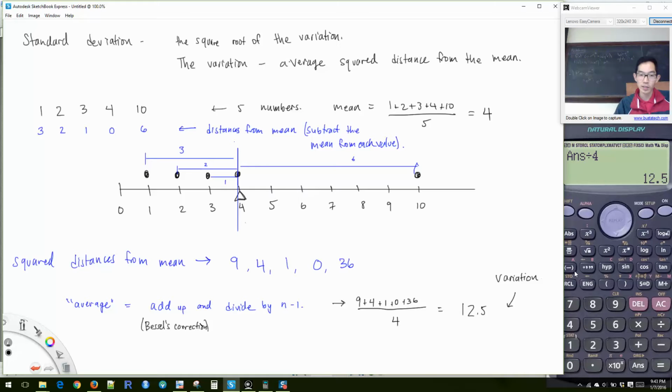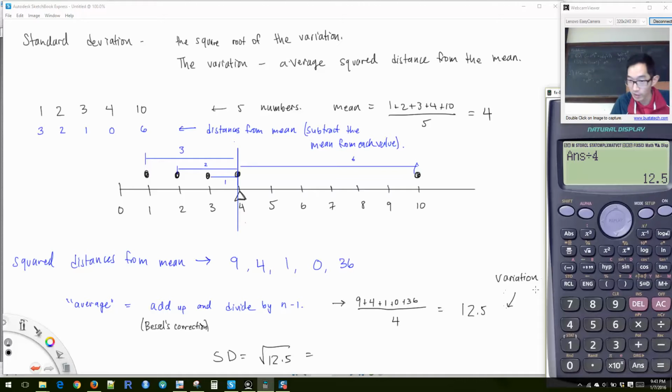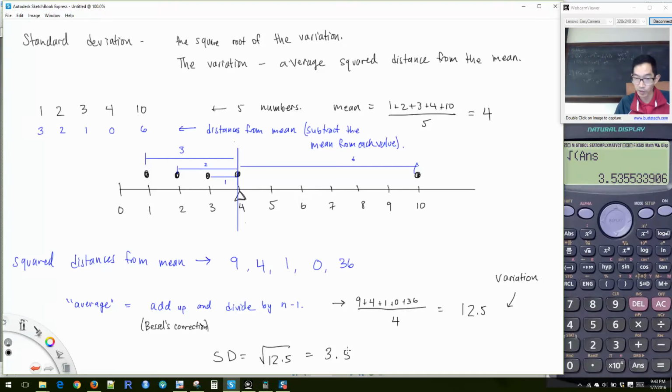And then the standard deviation will be the square root of this. So I get a standard deviation of 3.546. And that is the standard deviation.